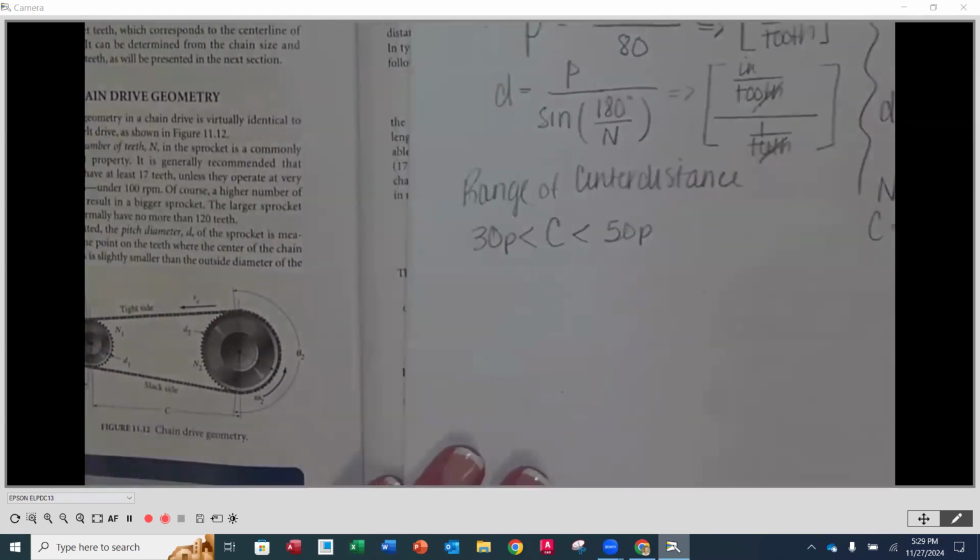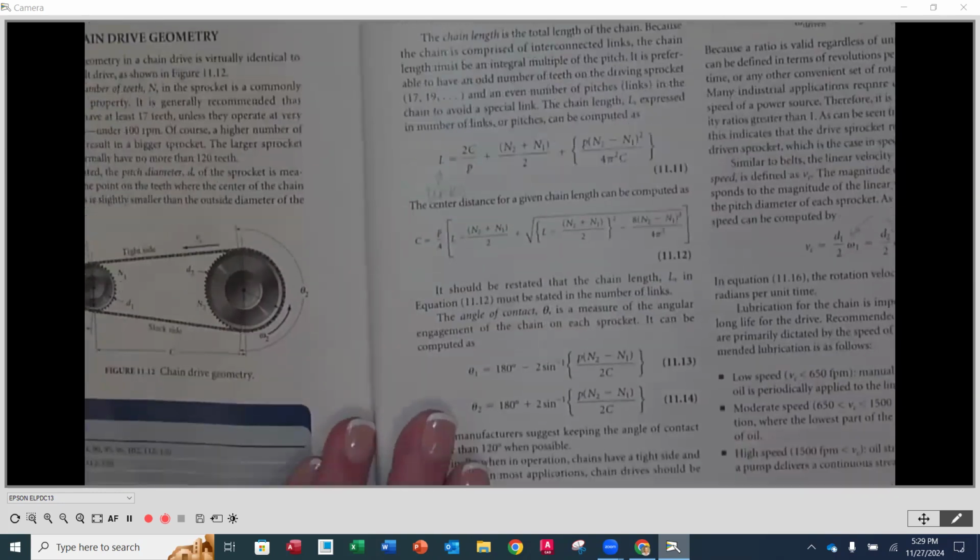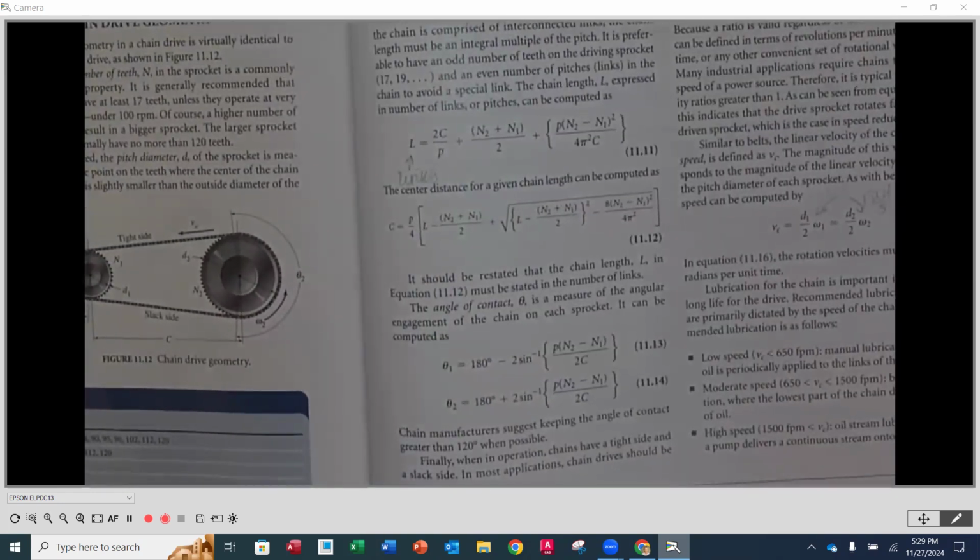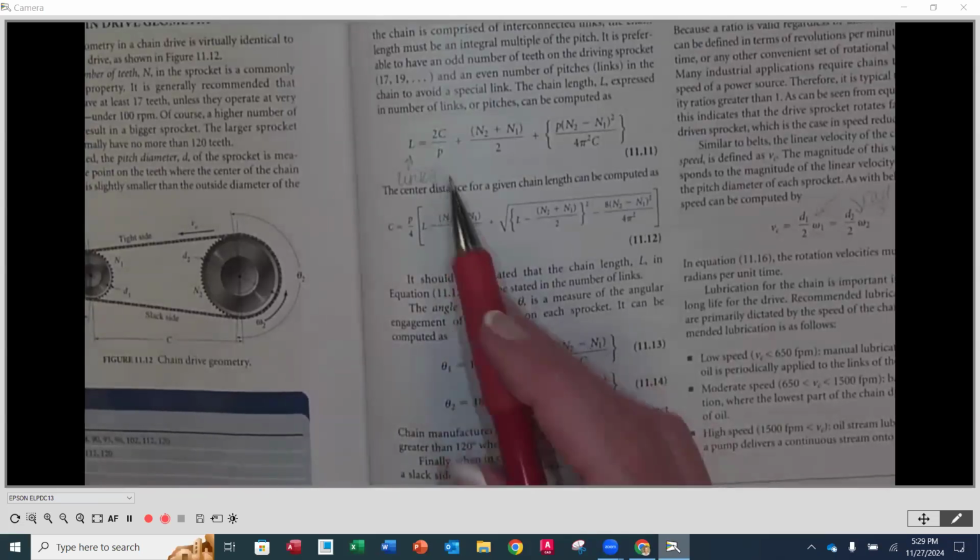Okay, so I am going to write down this equation here. Now I'm going to do it down below. Capital L is going to be links, and then 2 times C, the center distance, divided by P. P is going to be our pitch, plus N2 plus N1 divided by 2, plus, in parentheses, pitch times N2 minus N1, and we're going to square that quantity, divided by 4 times pi squared times the center distance.